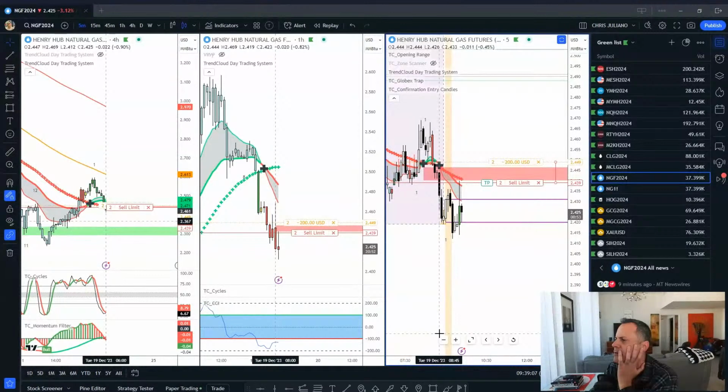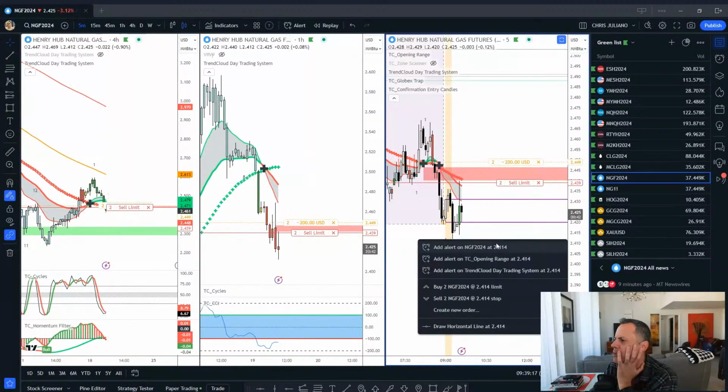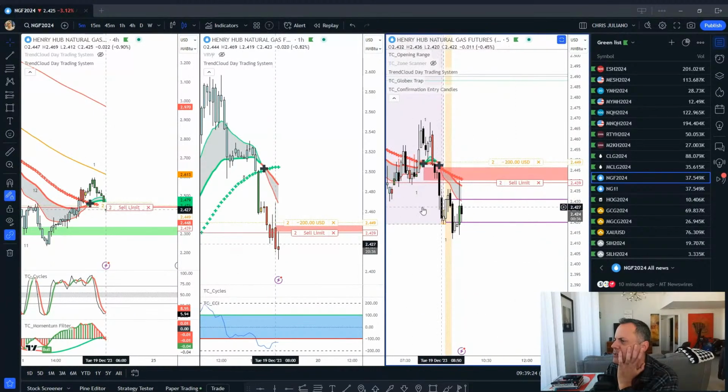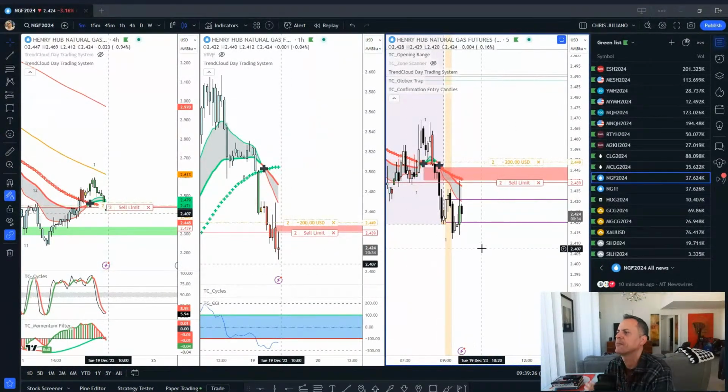If it starts to break below this candle here, you would have to take a money stop. You'd have to take a money stop, but we don't really like that procedure.